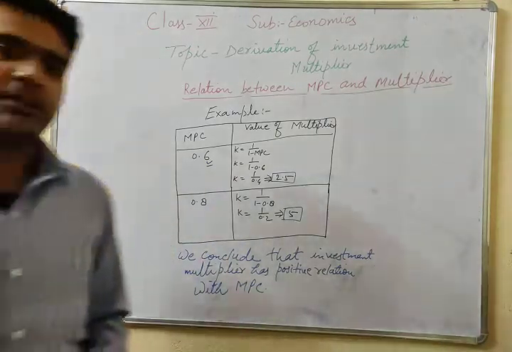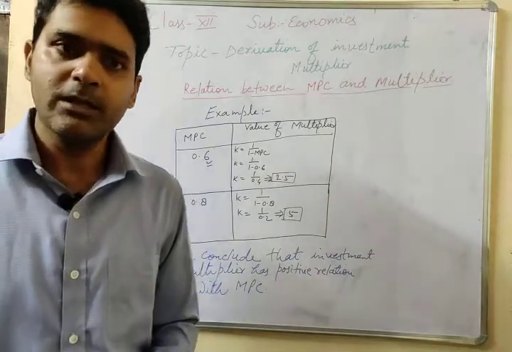If the value of MPC increases, the value of multiplier will also increase, and vice versa.